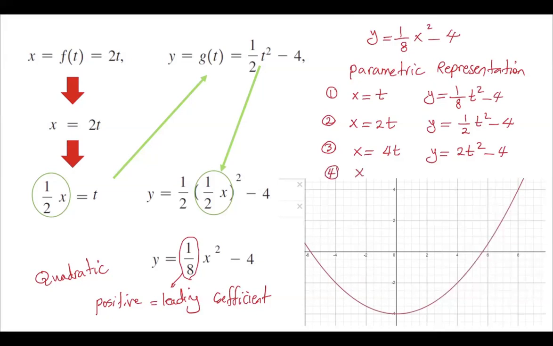So you can write x to be, for example, sine t, then your y becomes 1 over 8 sine squared t minus 4. So you're using a function of t, and then you get rid of that value. This is the basis of parametrization.